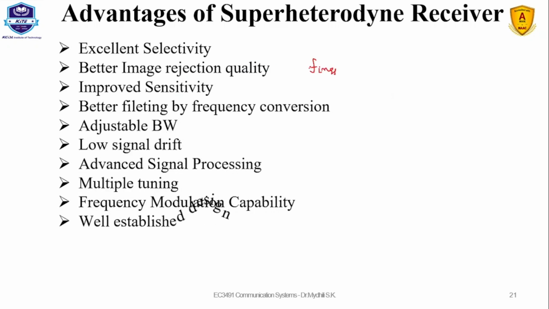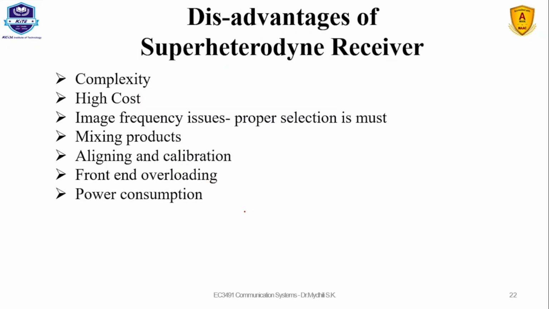This image frequency can be rejected by means of the superheterodyne receiver, and it has improved sensitivity, better filtering characteristics by frequency conversion, and adjustable bandwidth. It has low signal drift, advanced signal processing, multiple tuning facility, and frequency modulation capability, and it is a well-established design. Until now it has been in the market.